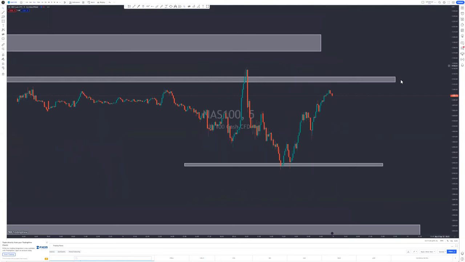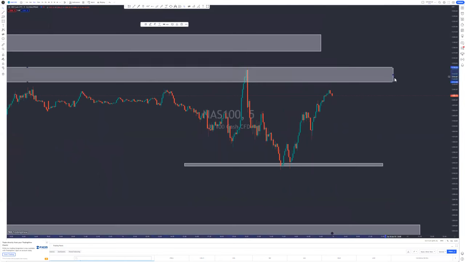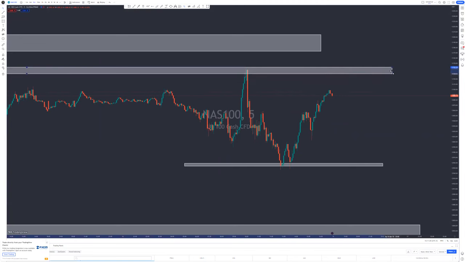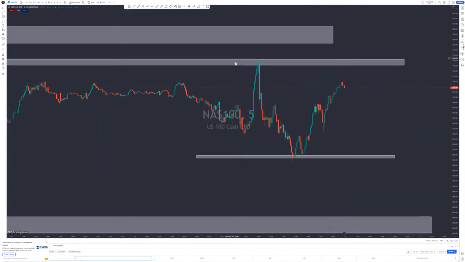So on the M5, I have to fix my zone again. Zone fixed. You understand? So on the M5, what pattern are we forming here, guys? Possible double top. Possible double top. I have a genius here.